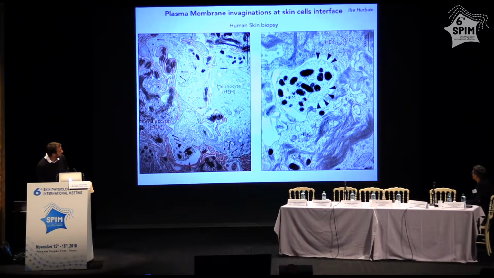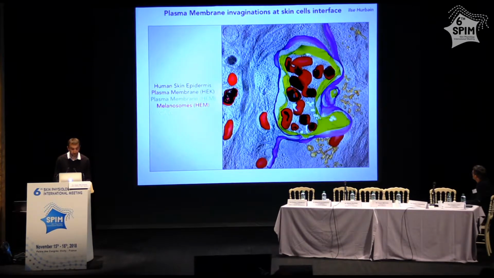And you can see these vesicles, these small plasma membrane invaginations here that are decorating the plasma membrane of the melanocyte.